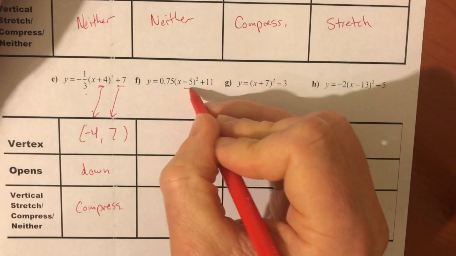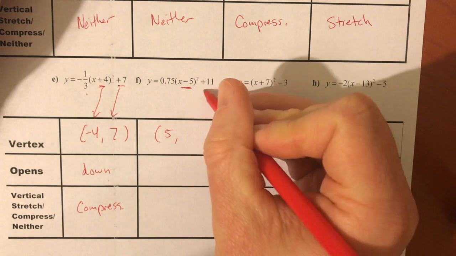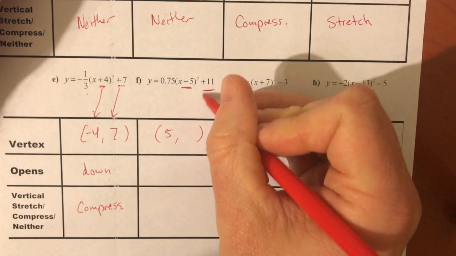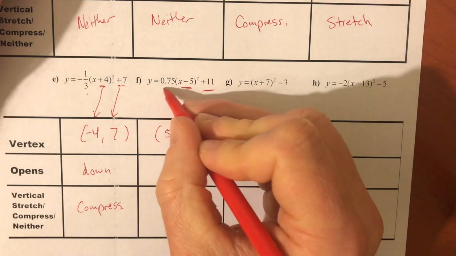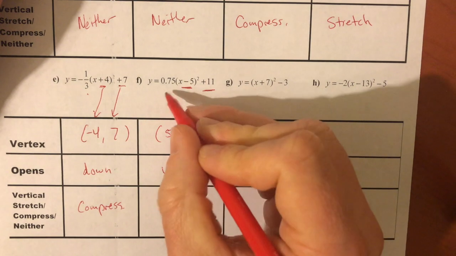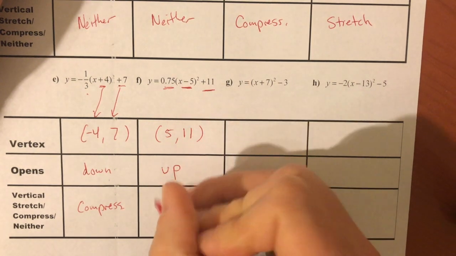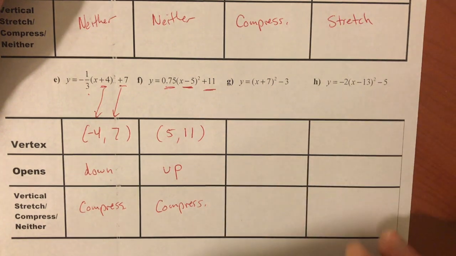Next one, very similar, minus 5 on the inside means it moves to positive 5 on the x-axis, plus 11 on the end, 11 units up. The leading coefficient is positive, so it still opens up, and 0.75 is less than 1, so again, it's going to appear vertically compressed.